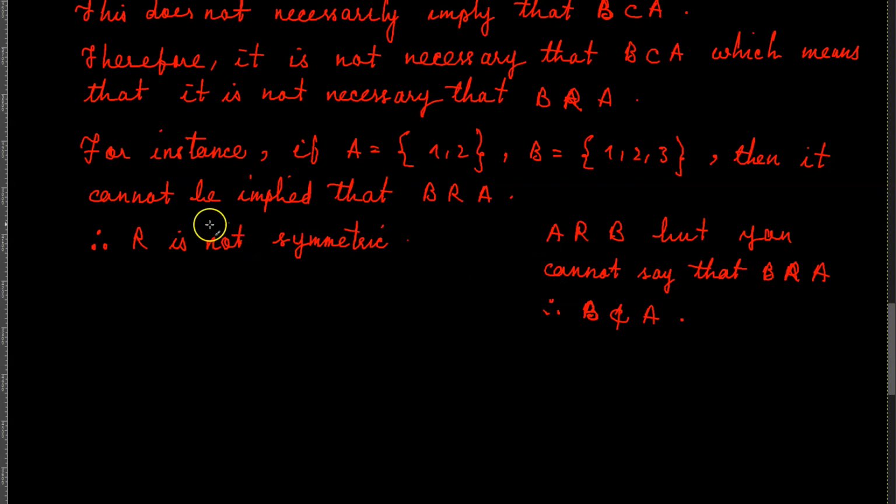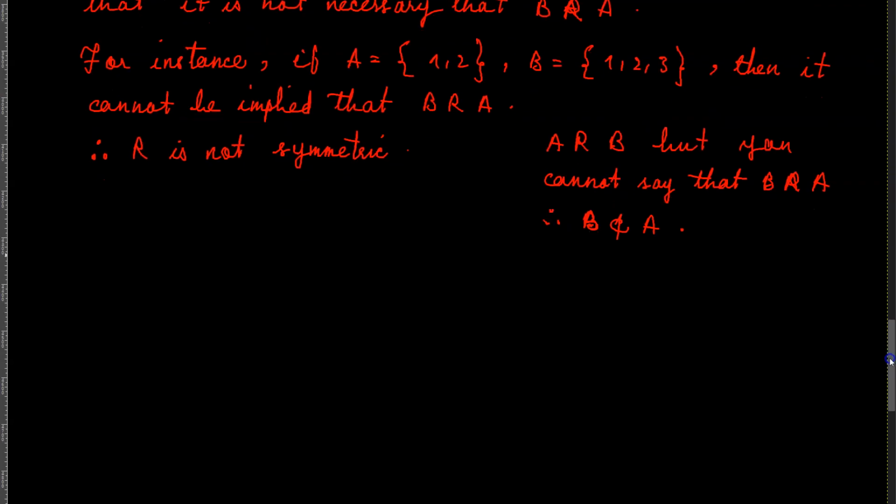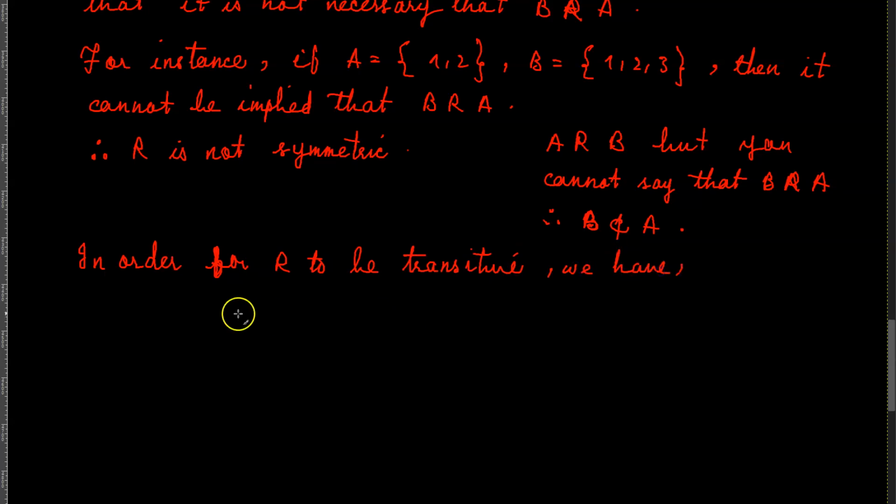Now, in order for R to be transitive, we have, let's say x1, for example.